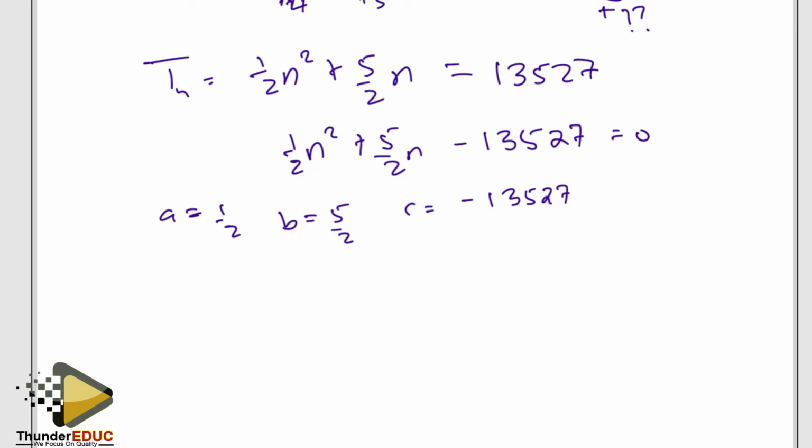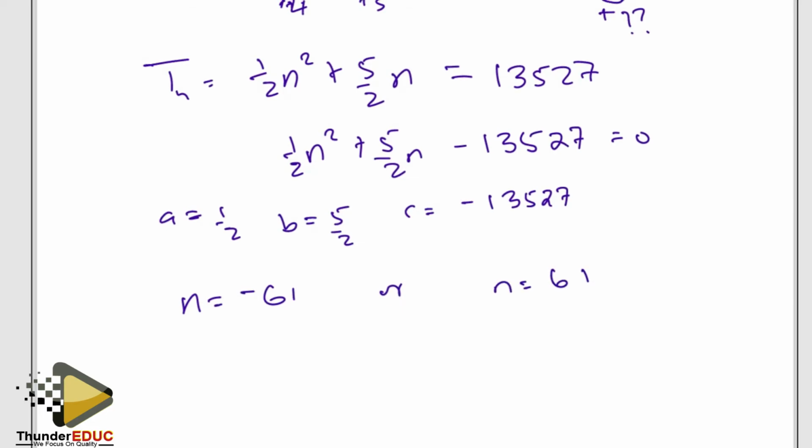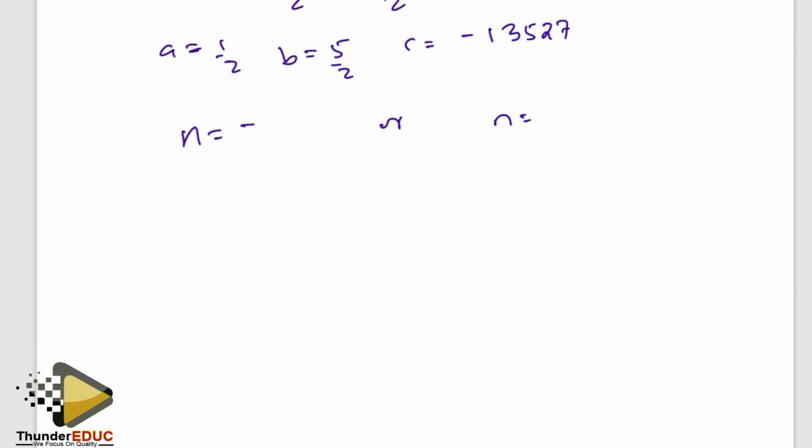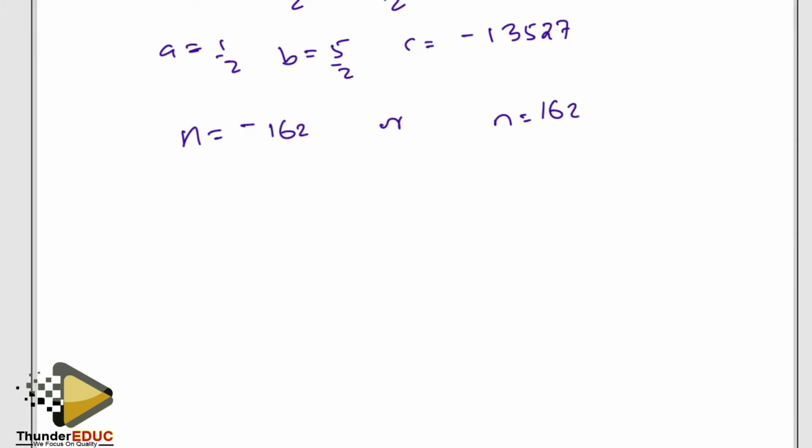Then when I use the quadratic formula, I'm getting n to be either negative 61 or 61. But remember, positions, no, not 61. Who's mentioning 61? It's 162 and negative 162. So negative 162 and a positive 162. We can confirm that again so that we are on the same page.